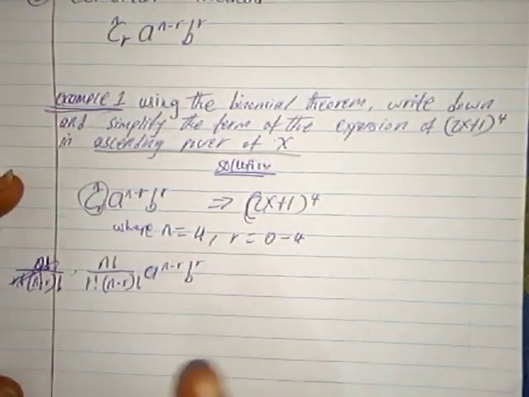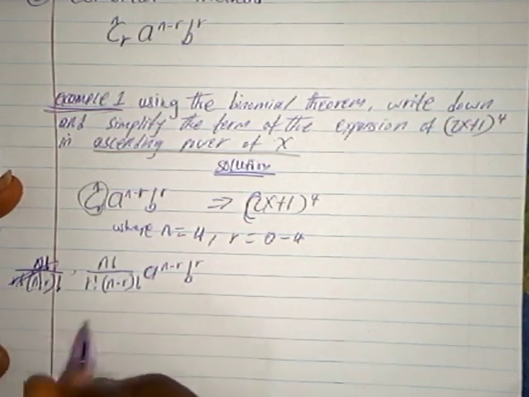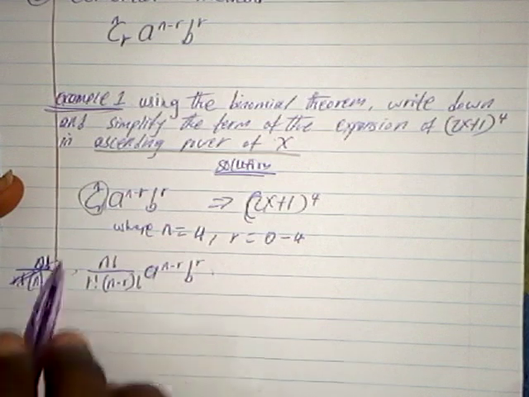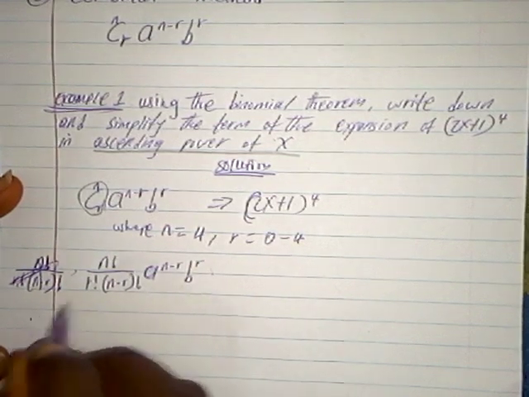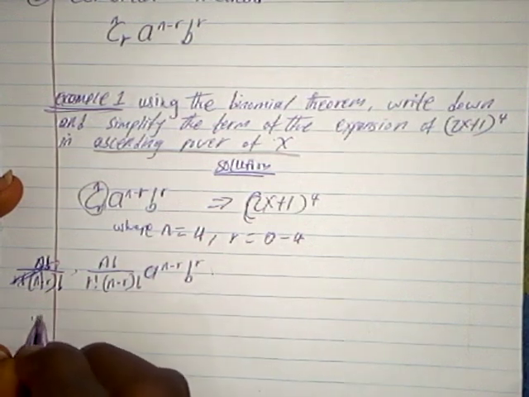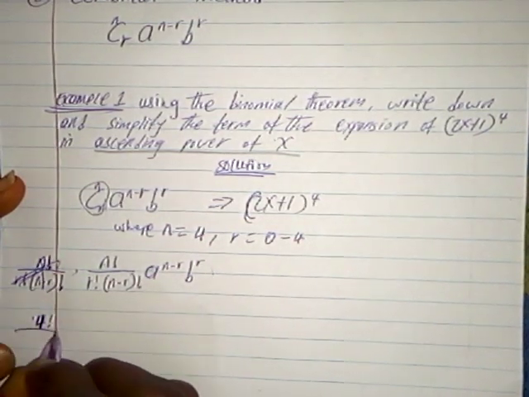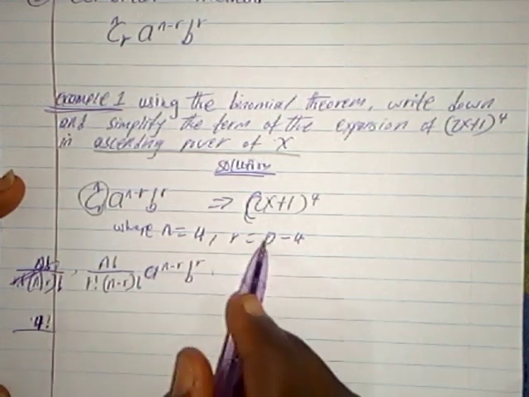Now we are going to start with r equals 0. This is what we are going to keep on using. So what is n? N is 4. So say 4 factorial all upon r factorial, where r will start from 0.